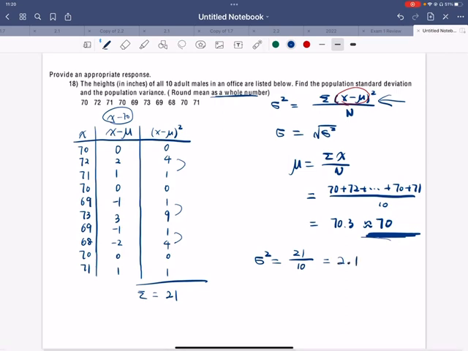That's our population variance. For standard deviation, we take the square root of 2.1. I have 1.449 something, that's fine. 1.449 or 1.45 will be the standard deviation for this example.